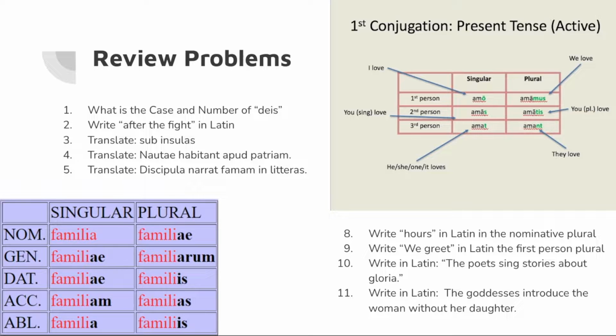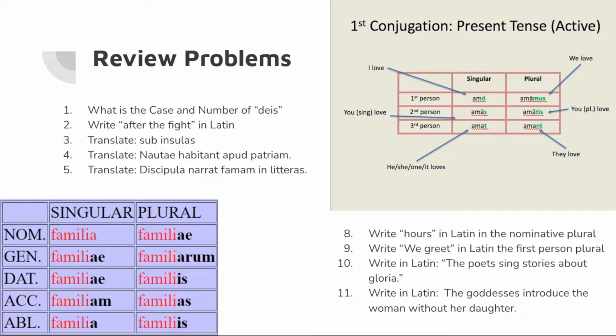Number 5, translate discipula narrat famam in litteras. Discipula is student, and narrat is third person singular, meaning he, she, or it tells. But since we already have a subject, it's the student tells.